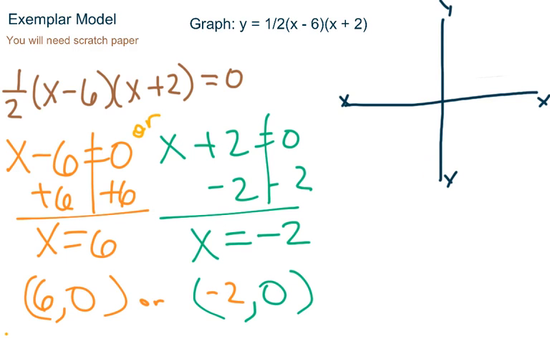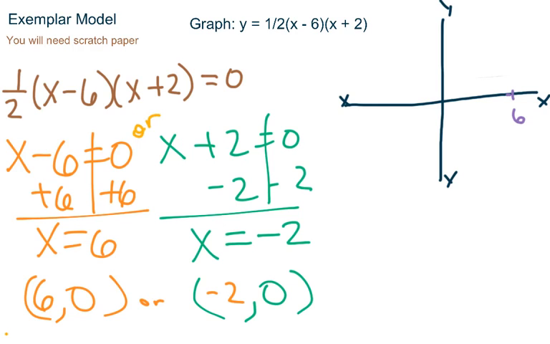I have a y-axis and an x-axis. And now I'm going to just add the values on the graph that I need. You can add all the values if you want to, but I'm just going to add the values that I need because I'm just giving a quick, brief sketch. So I have the x-intercept 6, 0. 6 is positive, so it's going to be on the right side, and I'm going to just call this 6.